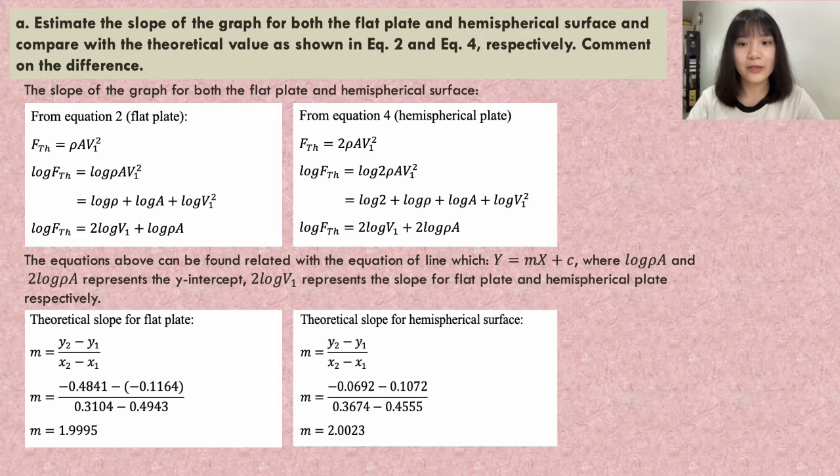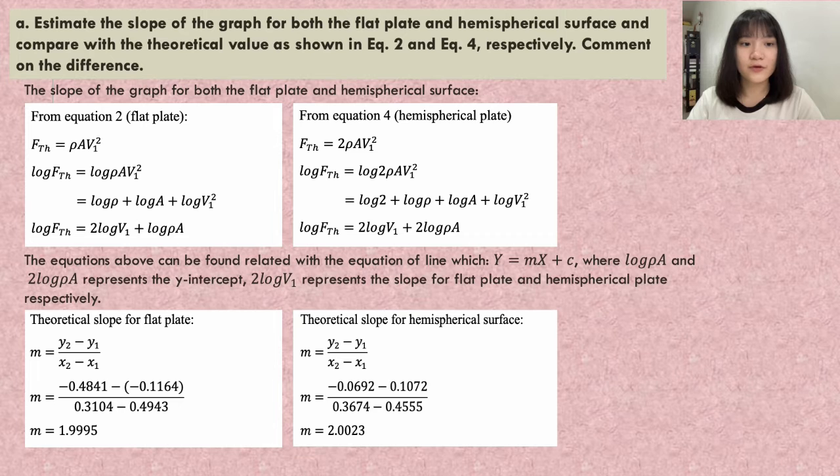For the flat plate, we will be using equation 2, which is theoretical force equals rho A V squared. After we add log to both sides, we get log theoretical force equals 2 log V1 plus log rho A, and the same goes for the hemispherical surface, using equation 4.